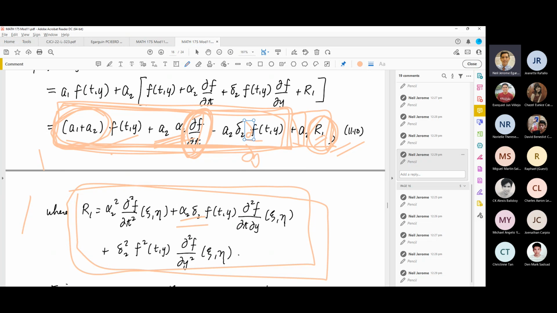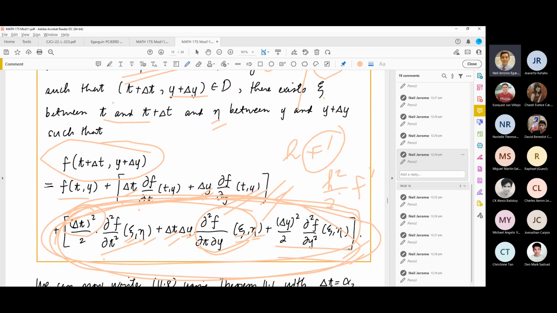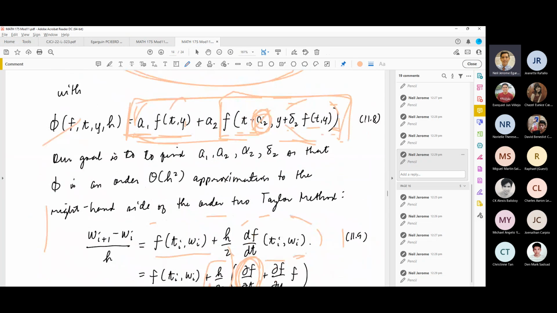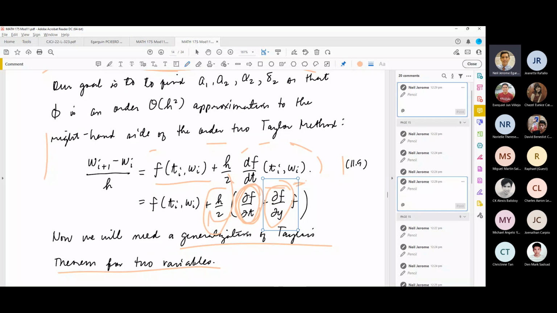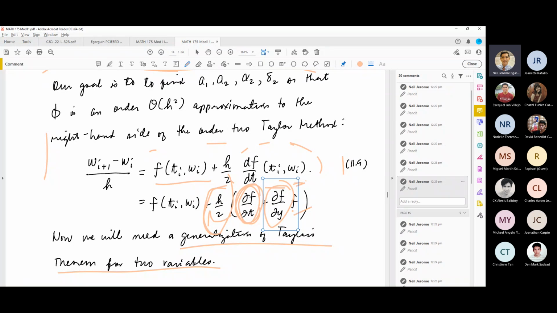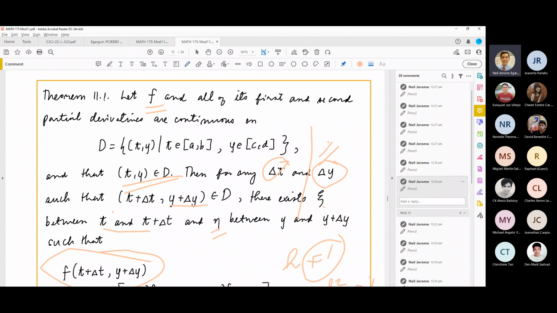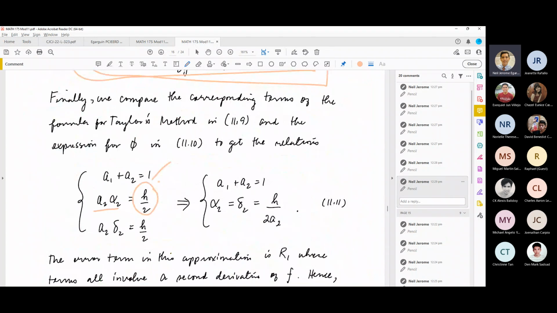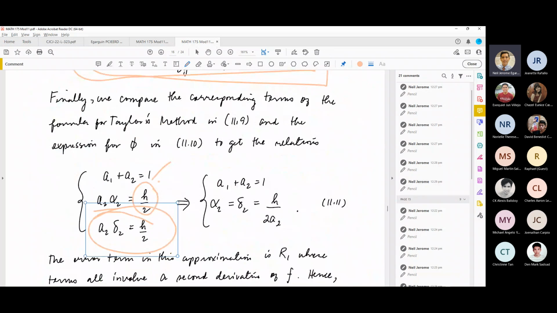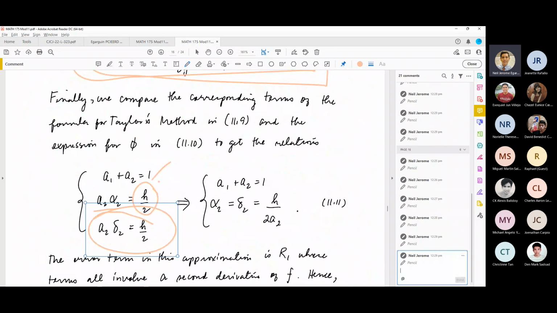If we look at the right-hand side of T2 ng Taylor series expansion, coefficient ni partial ni f with respect to y ay equal kay h over 2 times f. And then may times f din pala yung sa babae. So magiging equal din siya kay h over 2. So basically, I'm matching coefficients here. And that will give me the third condition, that a2 delta 2 should be equal to h over 2, right?